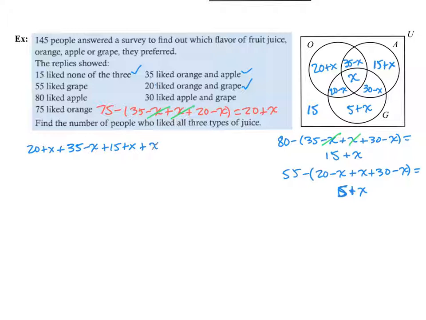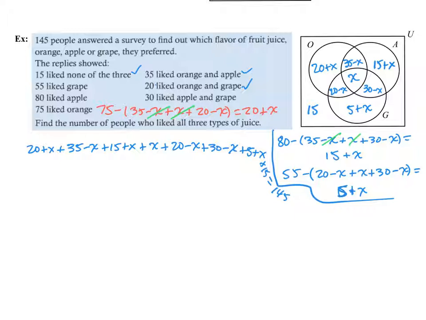So plus x, and you can do these in any order, of course, plus 20 minus x plus 30 minus x plus 5 plus x. So I'm running out of room here, okay? So I've added everything except for the 15 people that like no juice, and that's going to total 145.